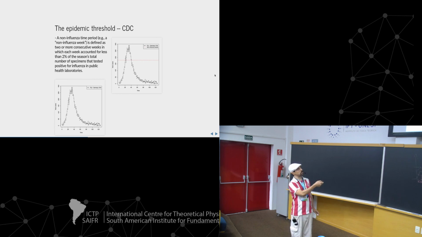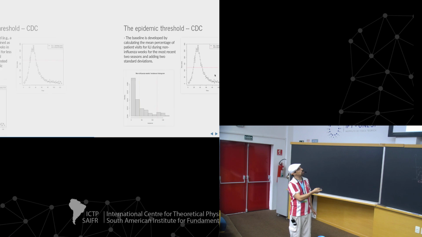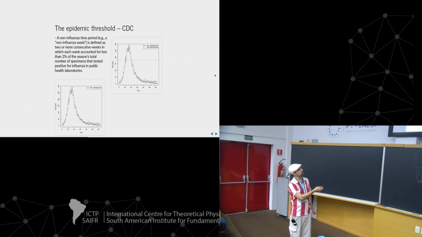So I first do a gross separation between non-epidemic and epidemic, and then I draw the distribution of weekly counts or daily counts or whatever for all the weeks or days where I am below that first threshold.